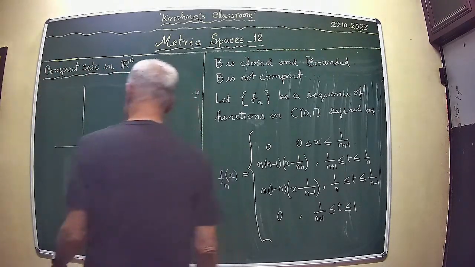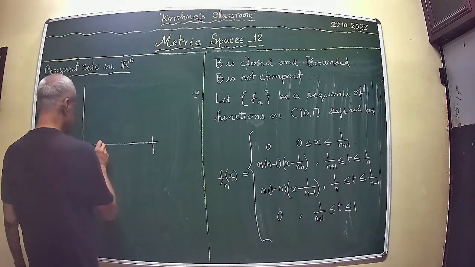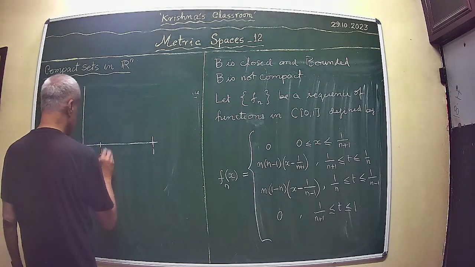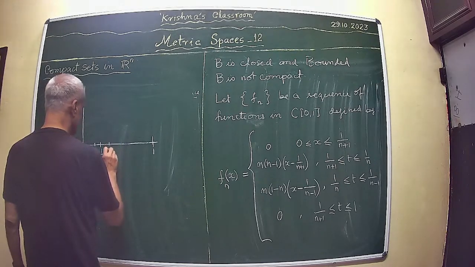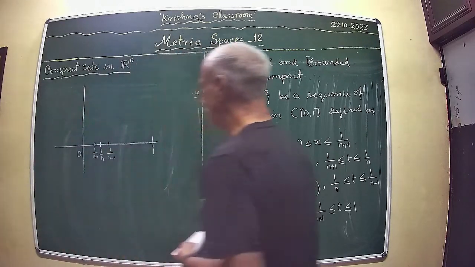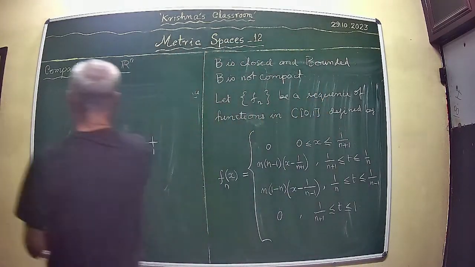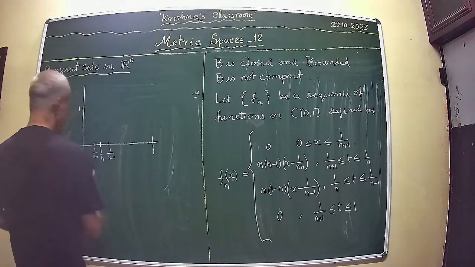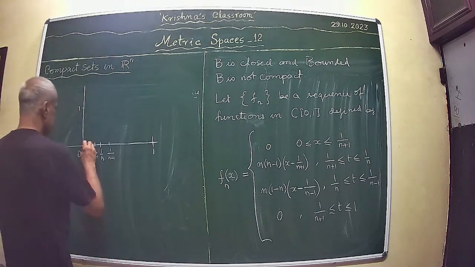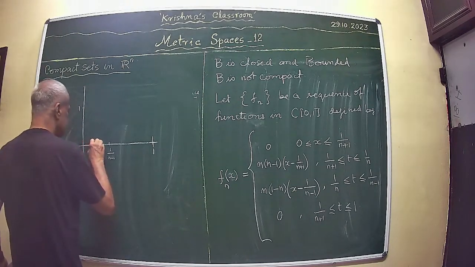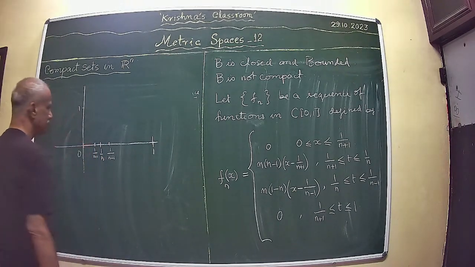And suppose this is 1 by n, and this is 1 by n plus 1, and this is 1 by n minus 1, and this is 1. Now, up to 0, the graph of the function is 0.